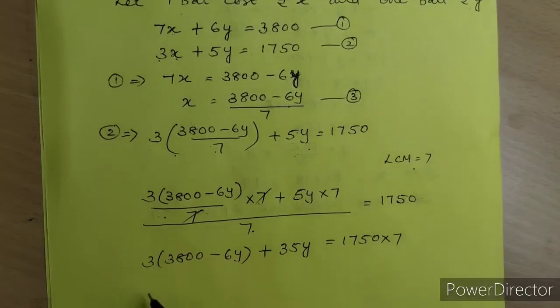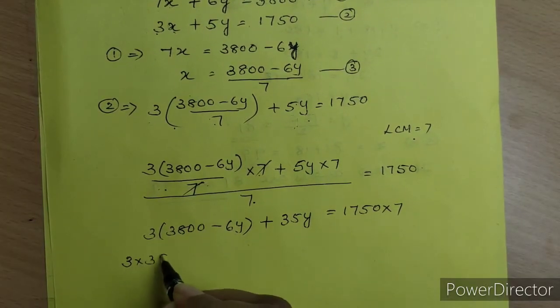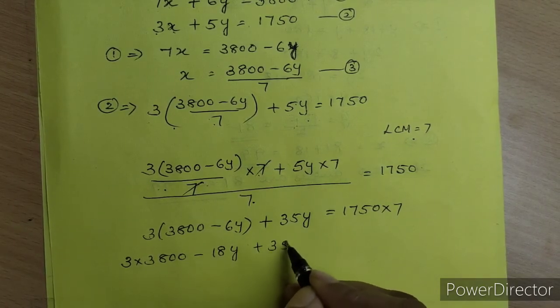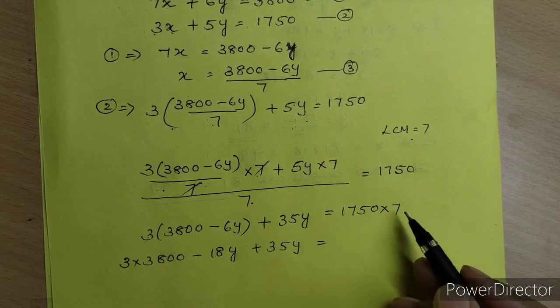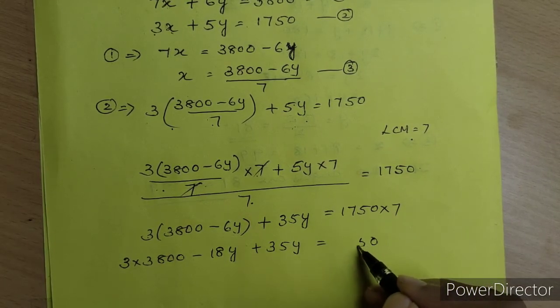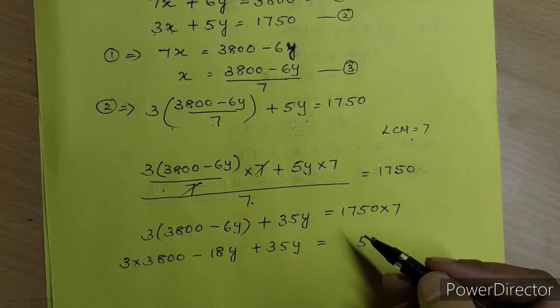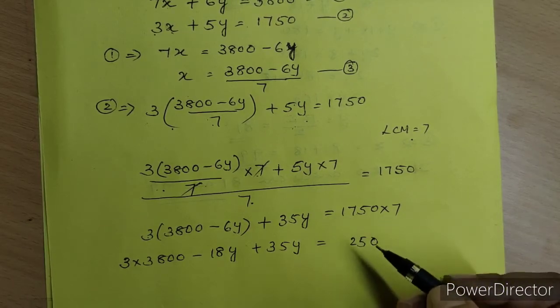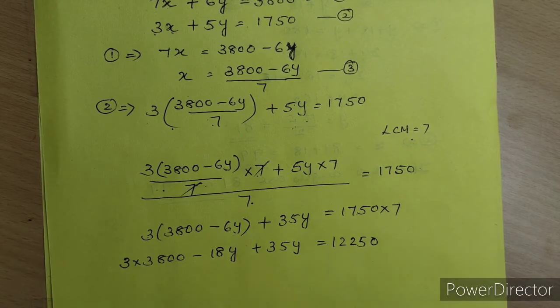Now open the bracket. 3 into 3,800 minus 3 sixes are 18y, plus 35y equals, multiply this: 1,750 into 7 is 12,250. So 3 into 3,800 is 11,400.